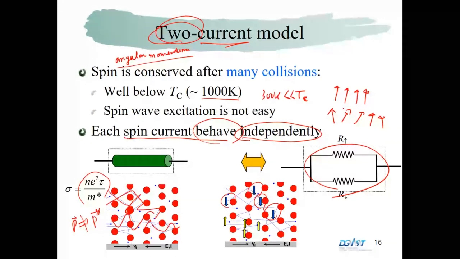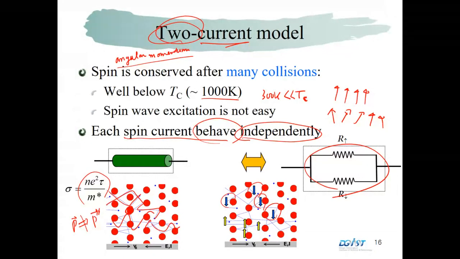In this case, with a small perturbation, extra spin excitation can easily occur, which means the conduction electrons lose their angular momentum. So this two-current model is no longer valid around TC. Well below TC, much lower than TC, the two-current model is valid.